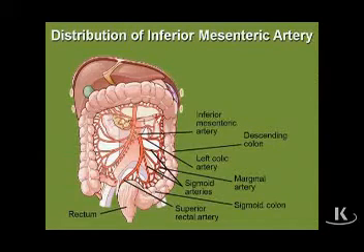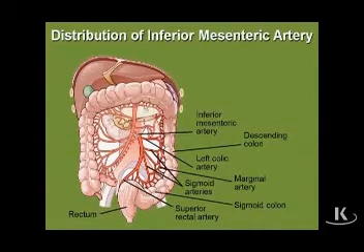And we see the same pattern that we saw before, where these sigmoidal arteries are branching into proximal and distal branches. They anastomose with one another. Similarly, the left colic divides into proximal and distal branches, anastomosing with the sigmoid artery here. However, the anastomosis between the ascending or proximal branch of the left colic and the distal branch of the middle colic is a bit problematic.